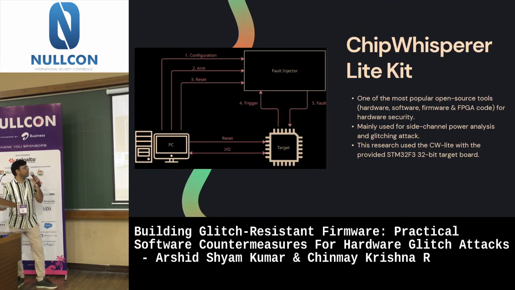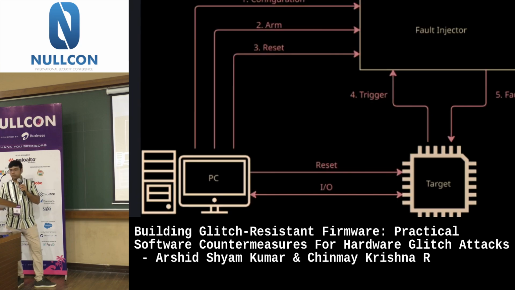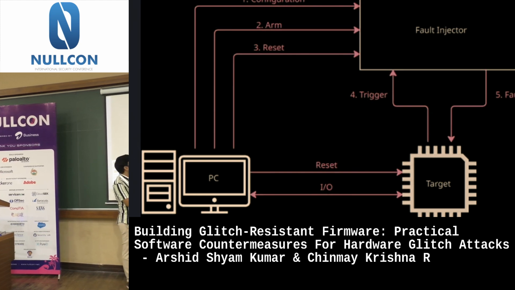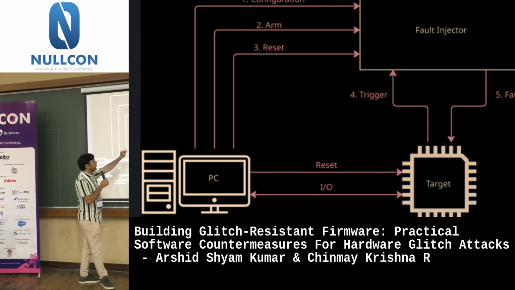So what have we done? We used a fault injector kit. So what does a fault injector do? Right, so this is the target. We have used this STM32 chipset, and then you have a fault injector.